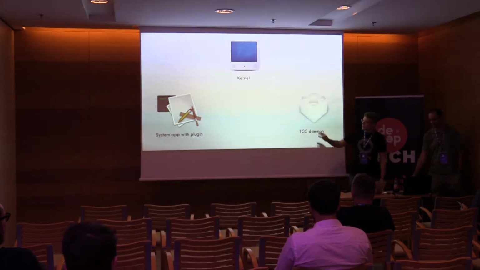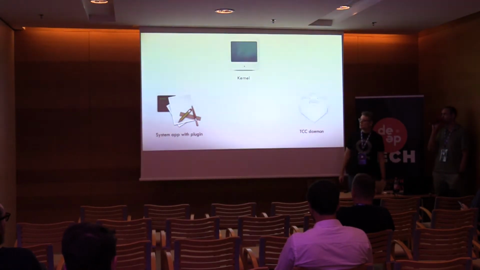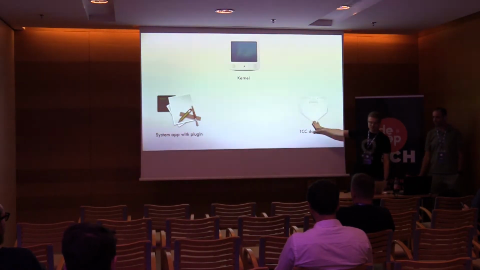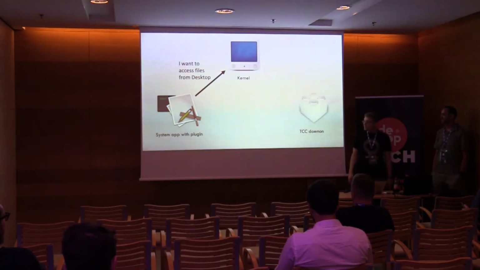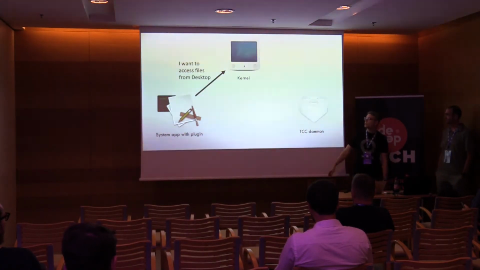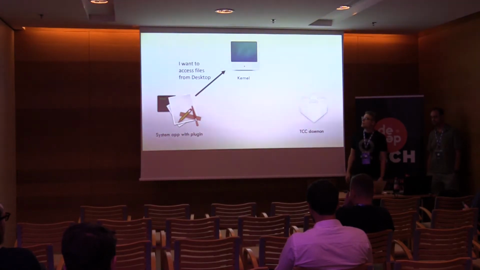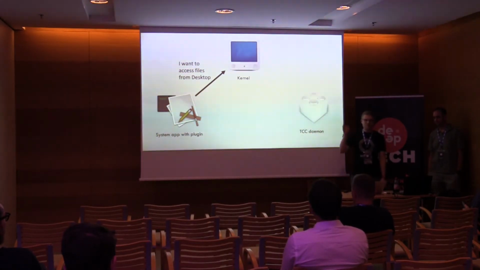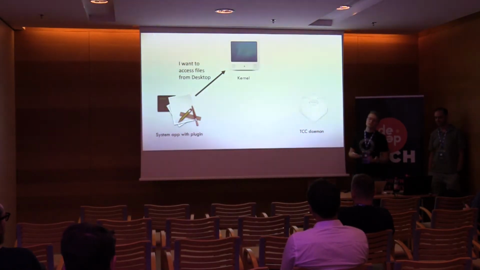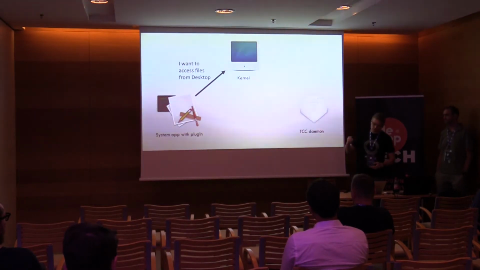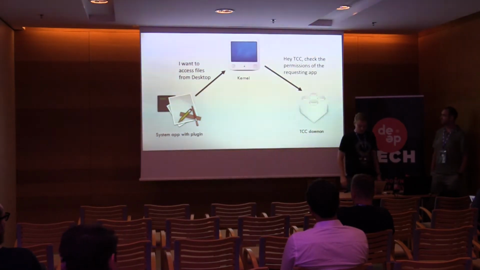So we have a system application with a plugin. We have the kernel and the TCC user space daemon, because it works in user space. So when the system application says, okay, I want to access files from desktop, the request goes to the kernel, right? The kernel doesn't know if this application should be able to access the desktop or not. So it will delegate this decision to the TCC daemon.